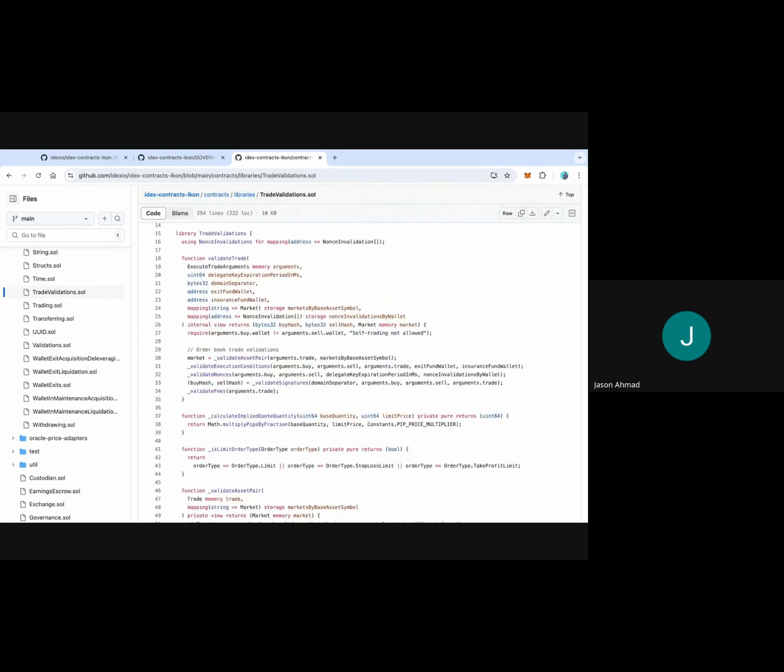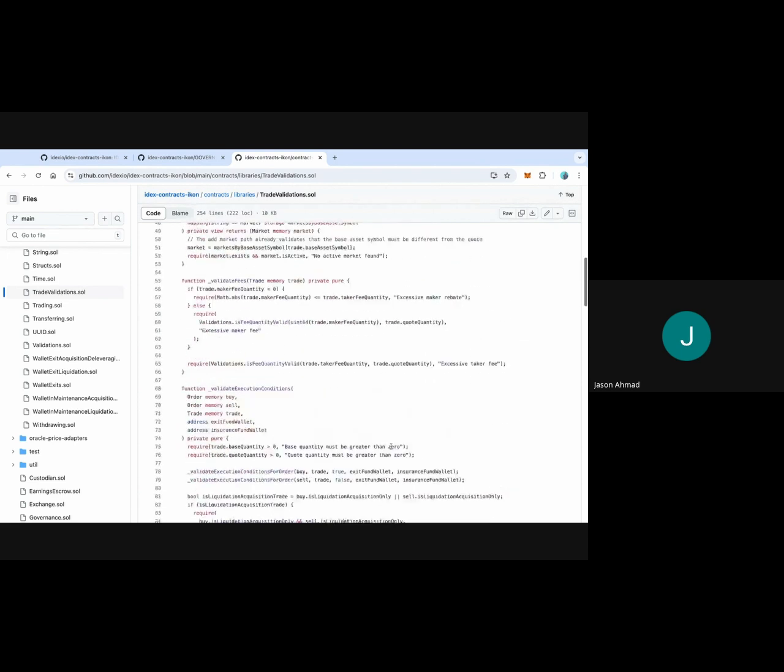The key security assumption of the exchange is that money cannot move without authorization from the original depositing wallet. So what that means is that when orders are placed, wallets sign the parameters of those orders. Those orders are then matched by the off-chain engine, and then those orders, when they are settled, when essentially they match against each other, are verified by this library itself.